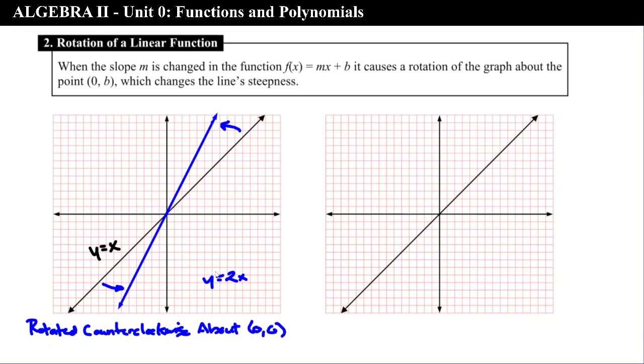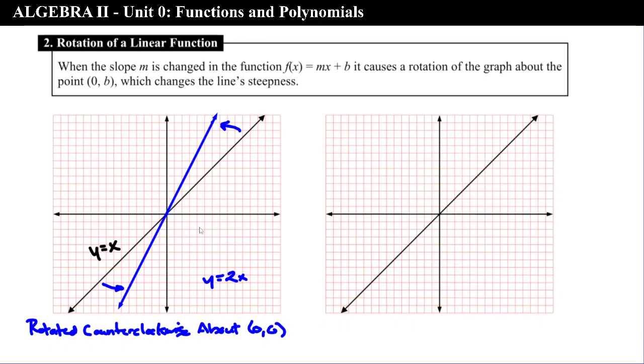Okay, and our rotated function is y equals 2x. Now let's see what happens if, instead of augmenting our slope, which means we increased it, we diminished our slope, decreased the value, or made it smaller.